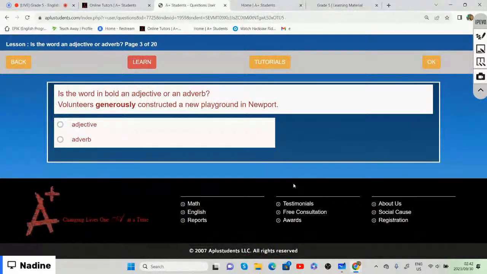Volunteers generously constructed a new playground in Newport. Generously, is it an adjective or an adverb?